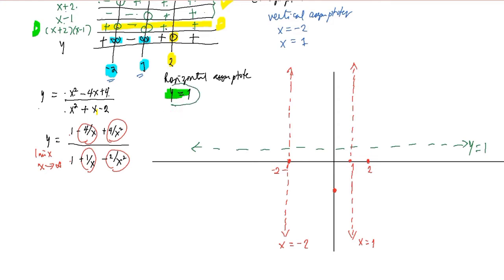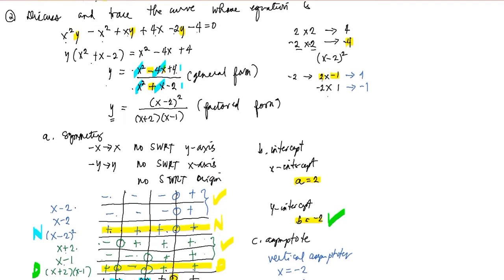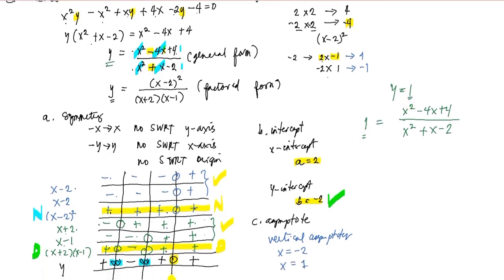Since y here is equal to 1, i-substitute natin siya doon sa original equation natin, no? So, our original equation is this. Kung makikita natin sa general form, aalamin kasi natin yung value if y is equal to 1, no? From the general form, y is equal to x squared minus 4x plus 4 over x squared plus x minus 2. No? So, itong y ay pinalitan ko ng 1 because y is equal to 1 dun sa computation natin.